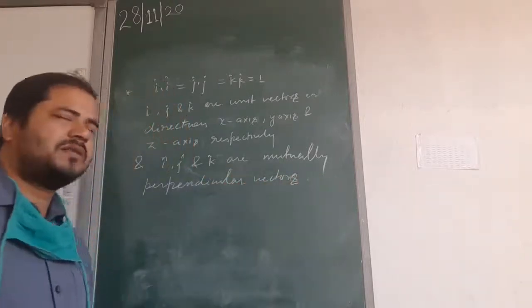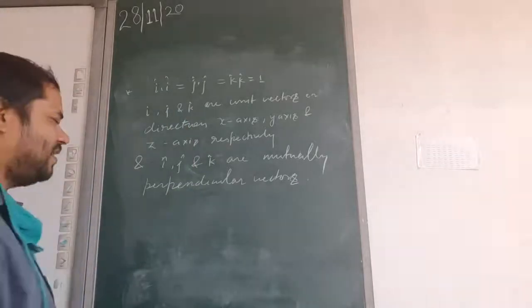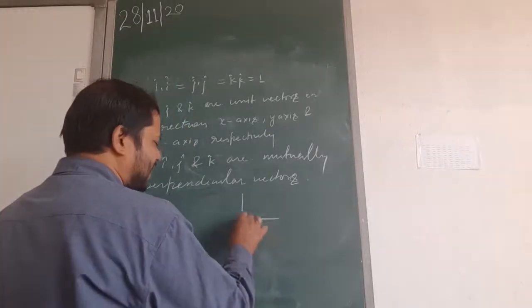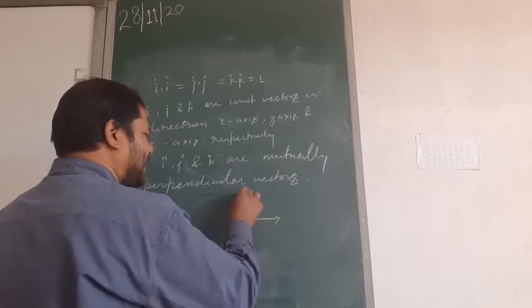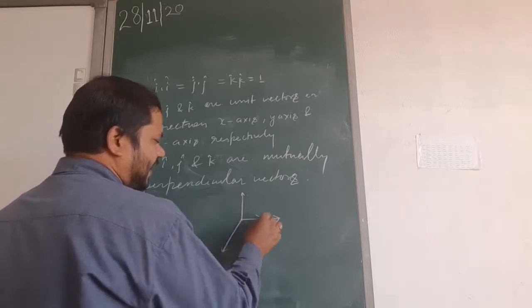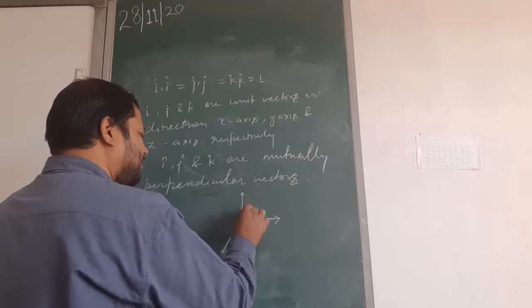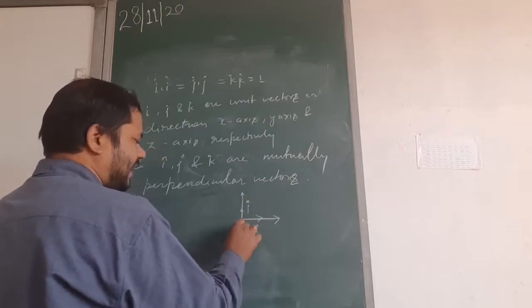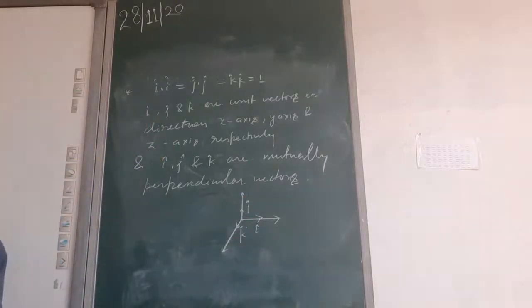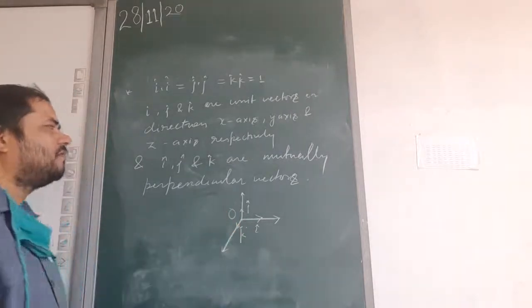This means the angle between I and J, J and K, and K and I is 90 degrees. I cap, J cap and K cap are the mutually perpendicular vectors.